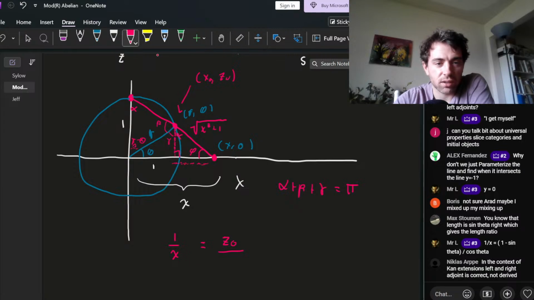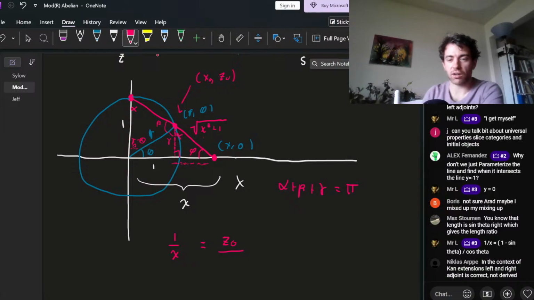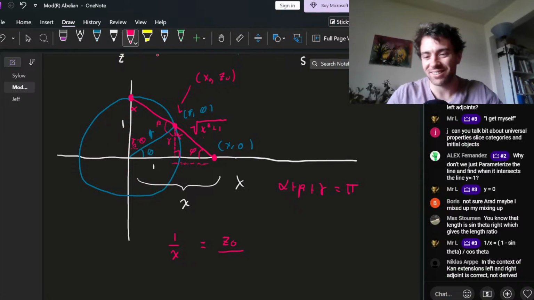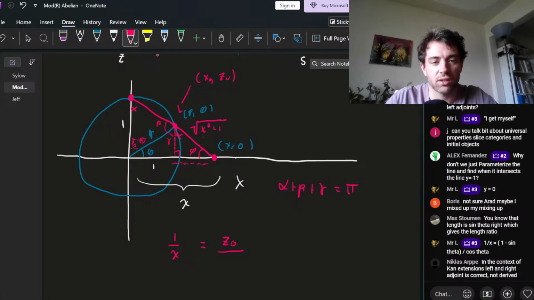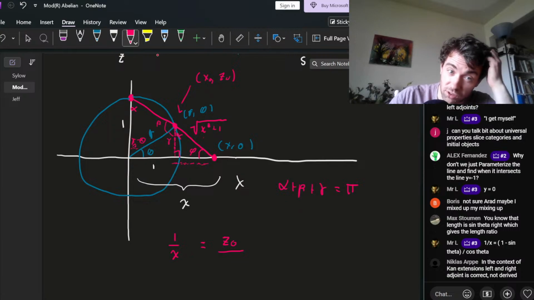We don't have enough sides to determine it. I can't do it. 1 minus sine theta, 1 over x is 1 minus sine theta. I don't see why that's the case.